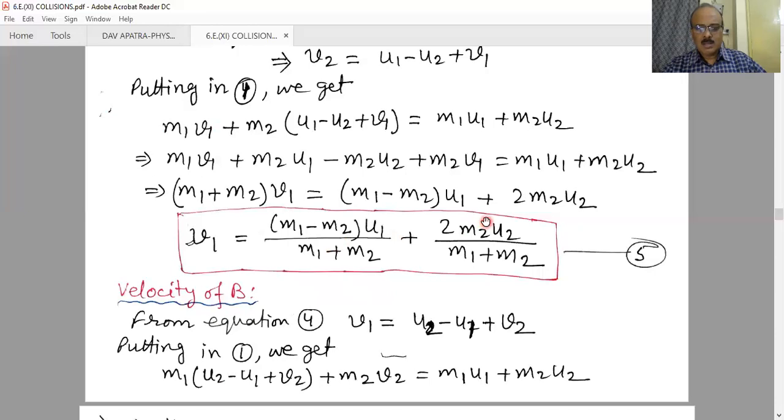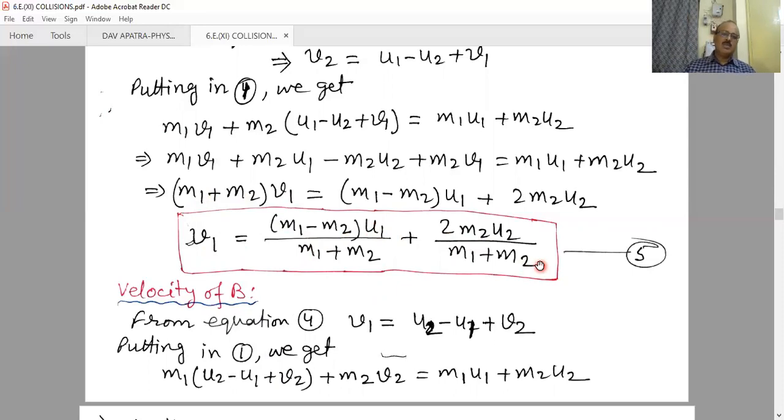By dividing the right hand side and left hand side by m1 plus m2, we get the answer. Therefore v1 is m1 minus m2 whole into u1 divided by m1 plus m2, plus 2 into m2 u2 divided by m1 plus m2, and it is a very standard formula for one-dimensional elastic collisions.